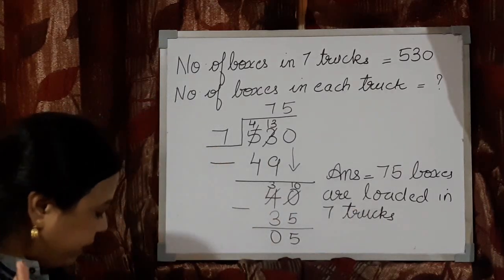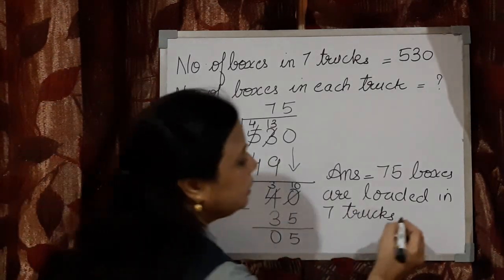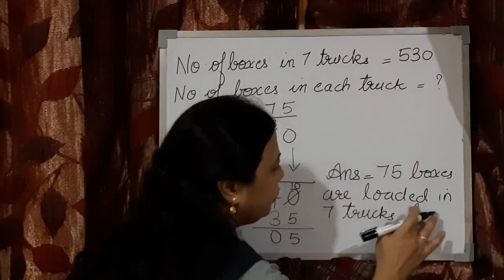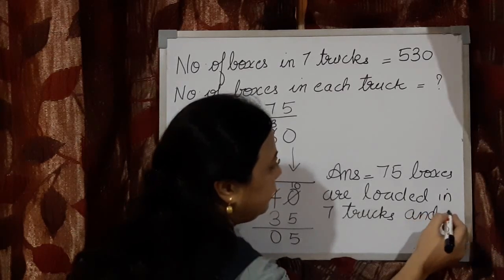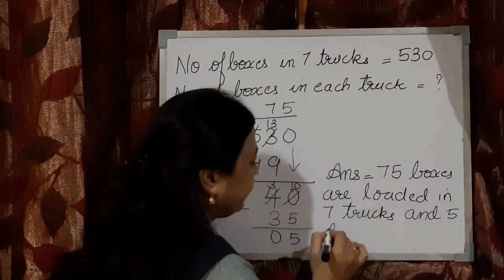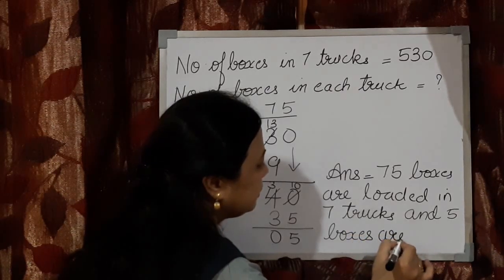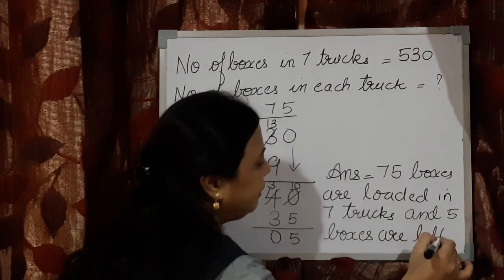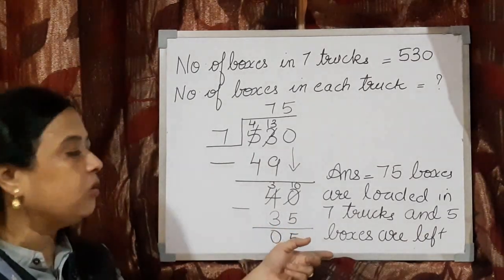And one more thing we will write down: but 5 boxes were left, or you can write and 5 boxes are left. So whatever is the remainder, that is our left out number.